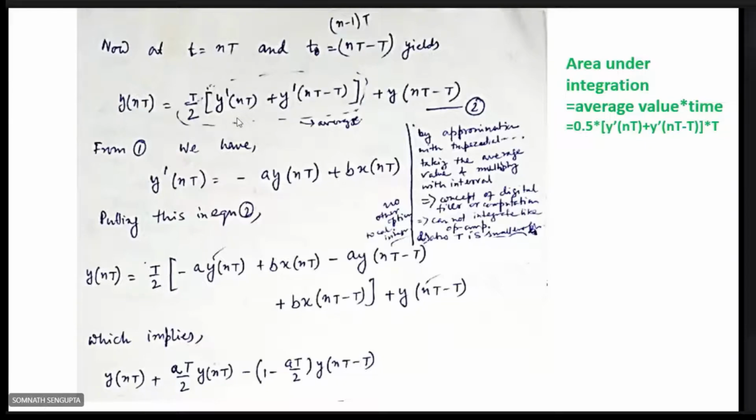The length is T, the time interval over which the two samples nT and nT minus T are taken.